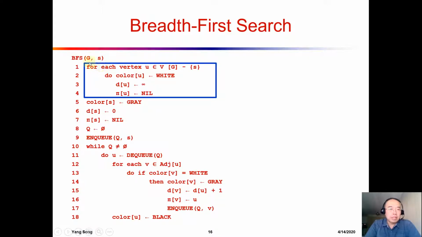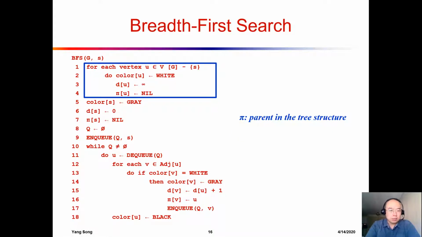And the first step, we have to do an iteration. So we have to visit each of the vertices, and we color that white, and then we set d of u as infinity, and pi of u as nil. So what do they mean? For the pi, it means the parent in the tree structure.